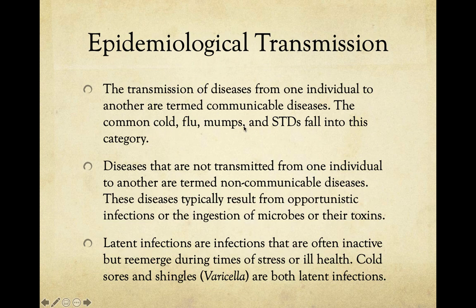You sneeze on someone, you shake hands with someone, sexual contact, stuff like that. Kissing, whatever, exchange of bodily fluids. Those are communicable diseases. Diseases that are non-communicable, on the other hand, things that you don't have to come in contact with a person to get, would be like malaria or giardia, things that you eat from the environment.